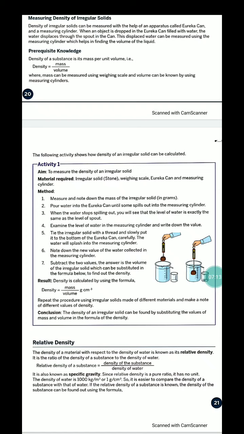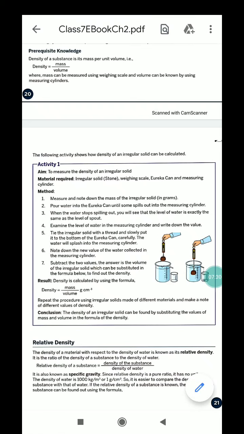The answer is the volume of the irregular solid, which can be substituted in the formula below to find the density. Density is calculated using the formula density equals mass by volume, in gram per centimeter cube. So after doing this activity, we will get the density of the irregular solid.